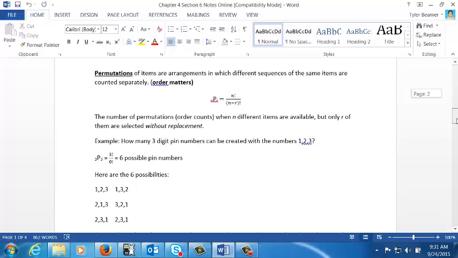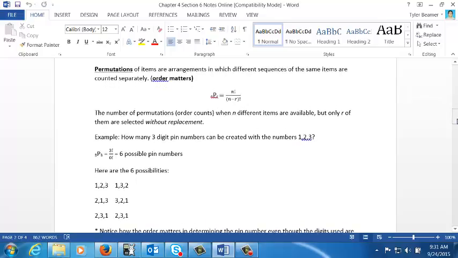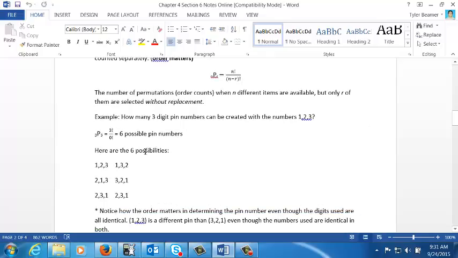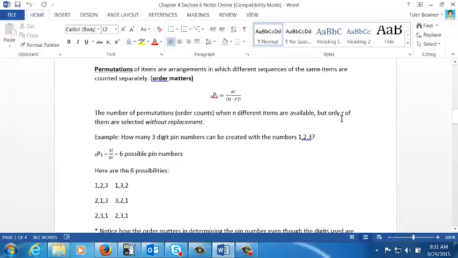Permutations. Permutations are arrangements of items in which the order matters. So, if we were picking a 3-digit PIN number, 1, 2, 3, 1, 3, 2, 2, 1, 3, 3, 2, 1, these would all be different possibilities, since the order in which those numbers are arranged matters.